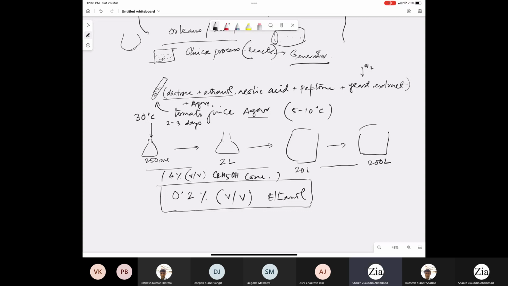And also, after the conversion from 4 to 0.2% ethanol, you will get almost 12% acetic acid or vinegar. Sometimes we say that acetic acid means vinegar. That is actually not true, because in vinegar you have acetic acid as the major constituent, along with other components.